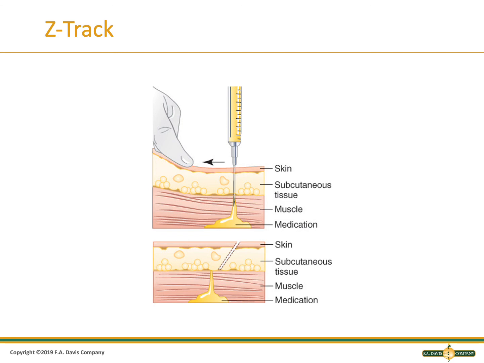I'm ahead of myself in the next slide, but I just want to make sure I list the preferred sites on the next slide, and those are ventrogluteal, which again we already mentioned, and the deltoid, the vastus lateralis, which isn't used very often. The rectus femoris is used for self-administering meds that need more rapid absorption, and then dorsogluteal. So make sure you look at all those sites. There's nice pictures in your book of the ventrogluteal.